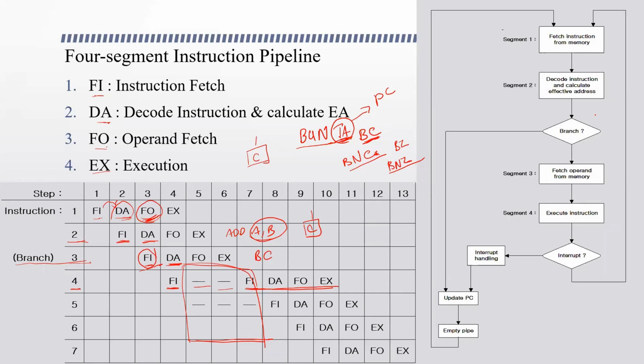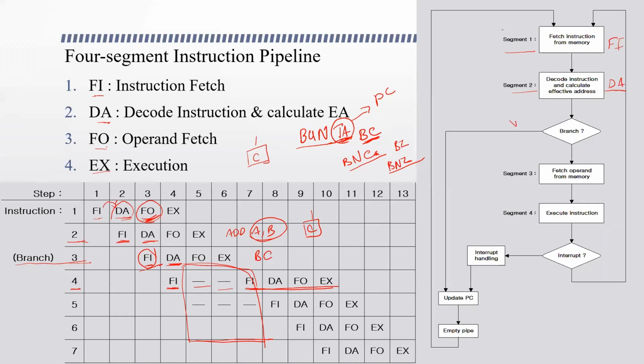Here this flowchart shows the operations we have discussed. Segment 1 performs fetch instruction from memory, and segment 2 decodes the instruction and calculates the effective address. Once the instruction is decoded, we check for branch.